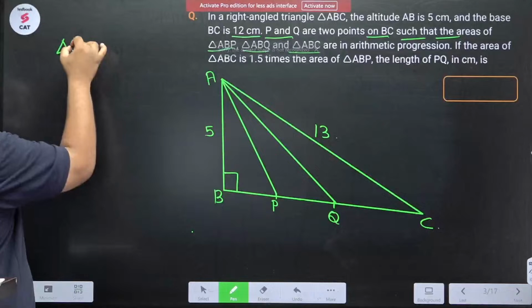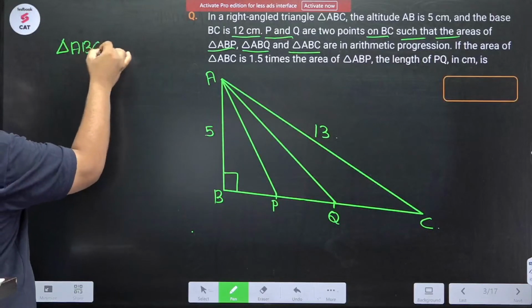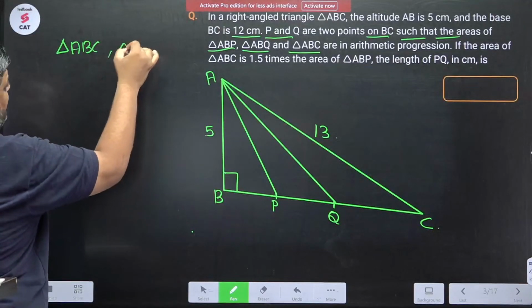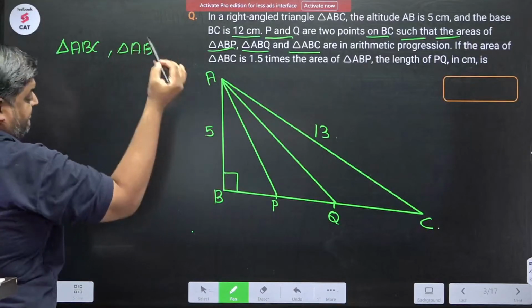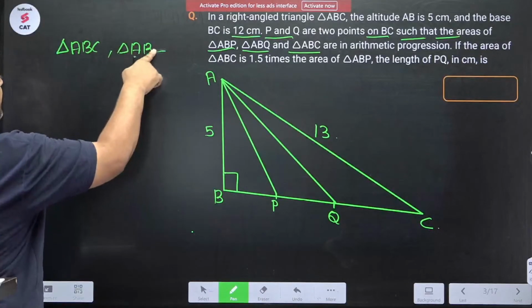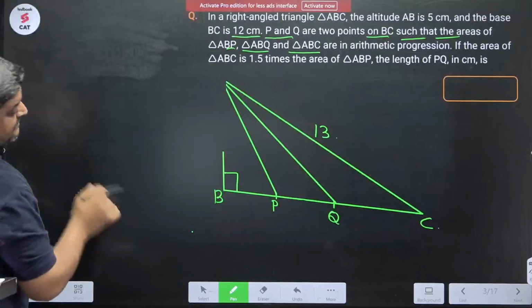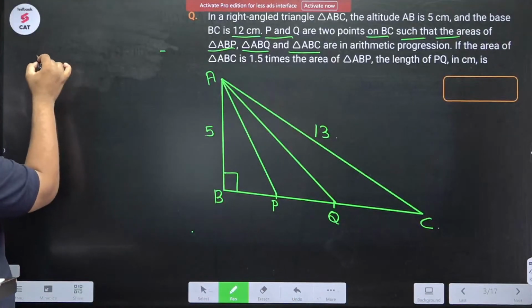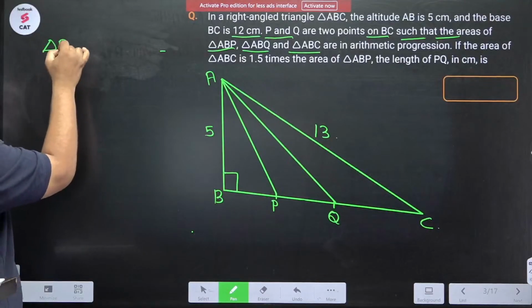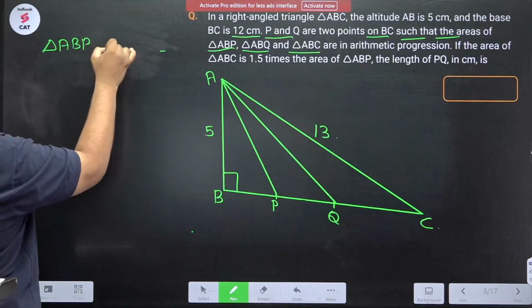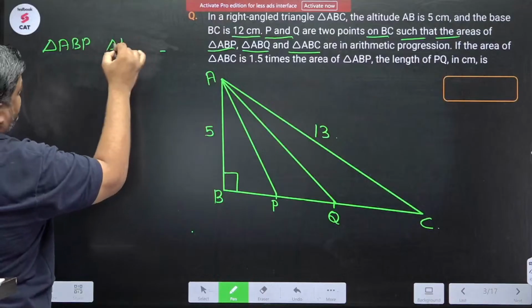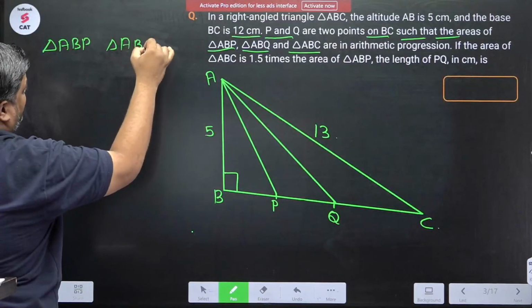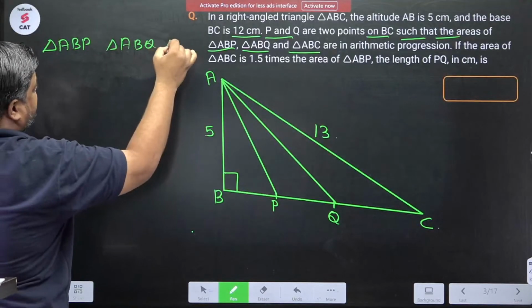You need to feel the diagram. Triangle ABC, triangle ABP, triangle ABQ, and triangle ABC.